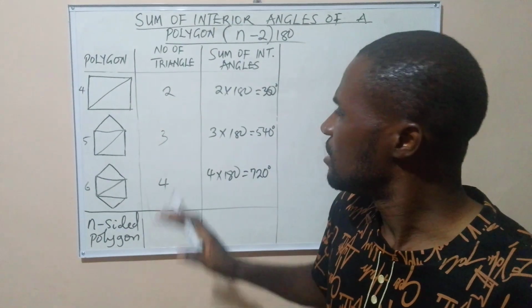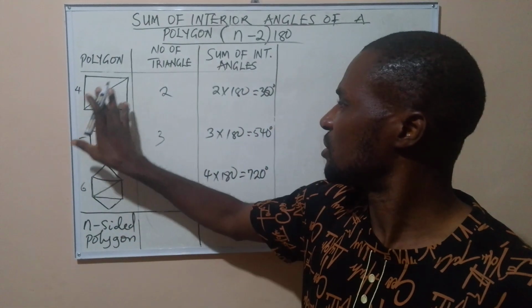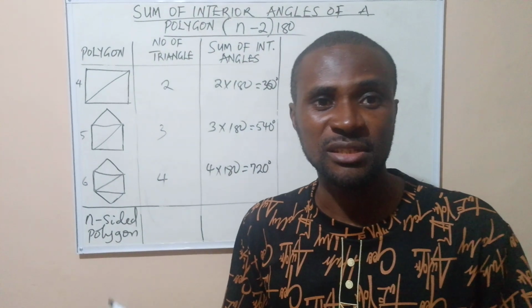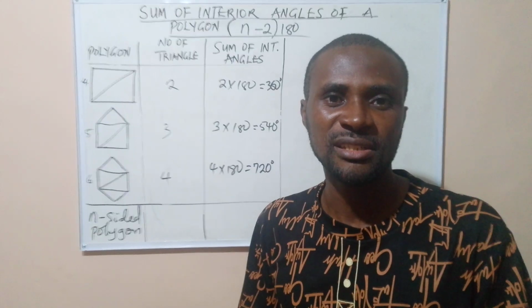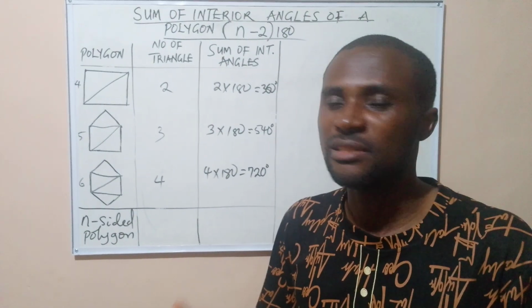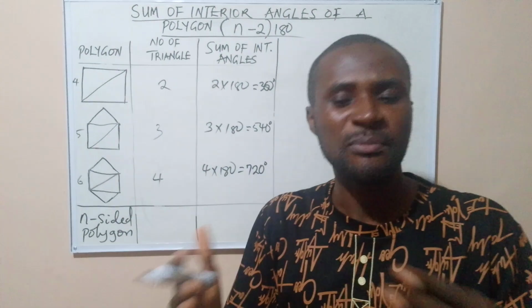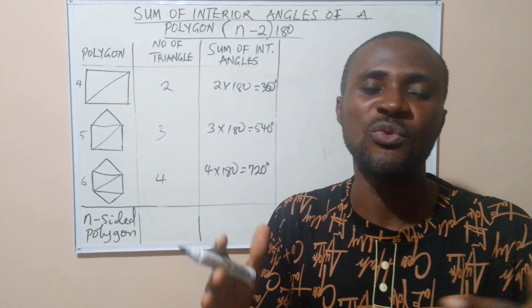Now, to do this, let's take an observation here. Mathematics is the mother of all sciences, and being the mother of all sciences, observation and then hypothesis and then conclusion is always there.